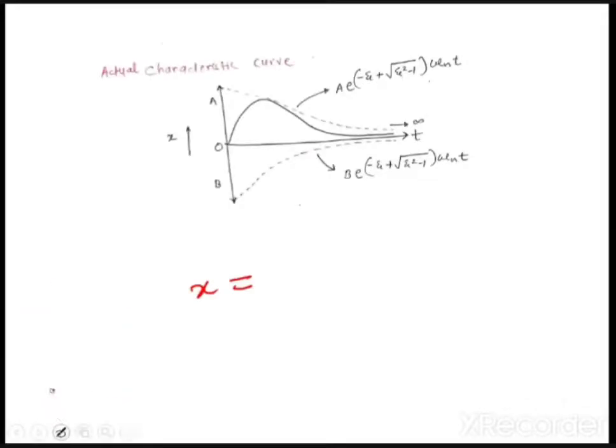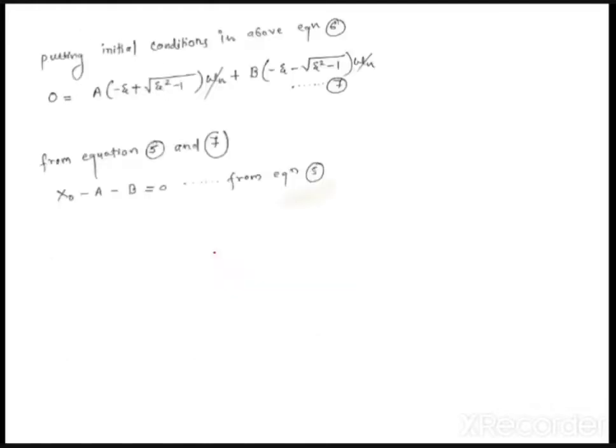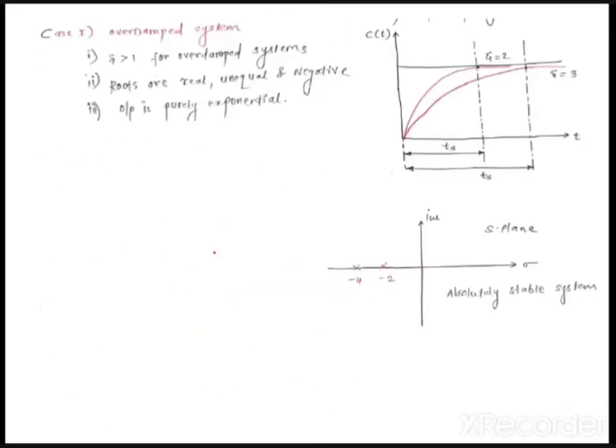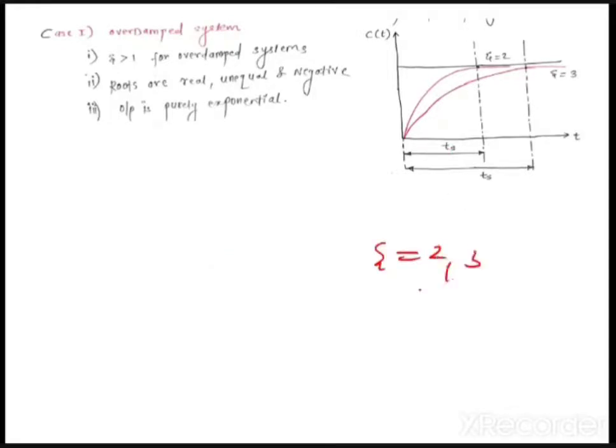And one more point, I have told you that as the value of zeta goes on increasing, I will just repeat once again for your better understanding. As the value of zeta increases, 2, 3, the system becomes more and more sluggish. Since the system becomes more and more sluggish, the settling time increases. Now, settling time increases means what?